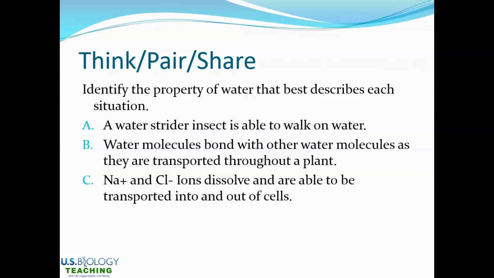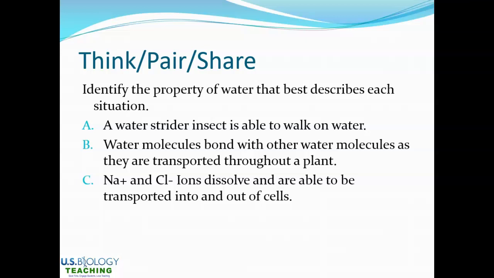Okay, now I'm going to go over the answer for each of those. For A, a water strider insect able to walk on water, that's a result of surface tension, a property of water. B, water molecules bond with other water molecules as they are transported throughout a plant.